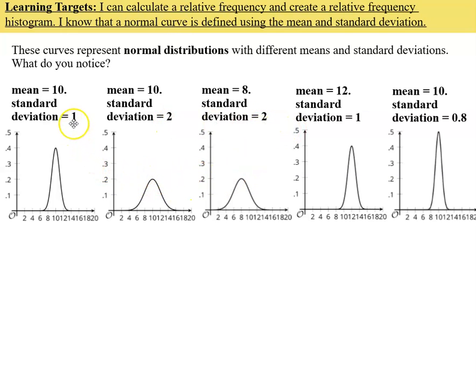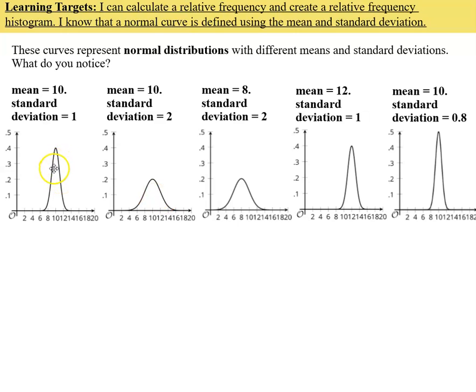And so a smaller standard deviation, hopefully you'll notice, corresponds with a higher normal curve, and a bigger standard deviation is going to represent a lower normal curve, and that's because this lower value is because the data values are spread out more.